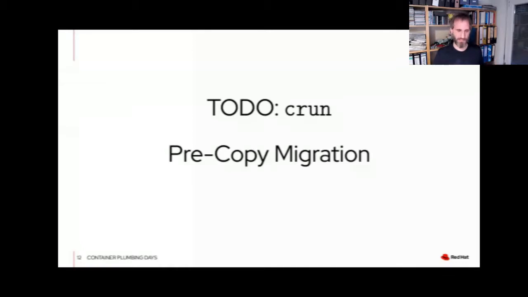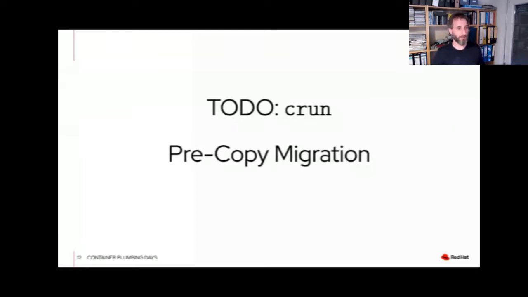So this is something RunC can do. crun cannot do it yet, but it shouldn't be complicated. It's just someone has to implement it. It's not hard. And this is especially interesting because Podman recently has support to use pre-copy migration to migrate containers from one host to another.